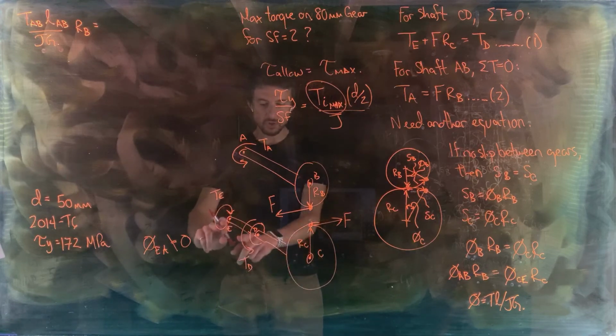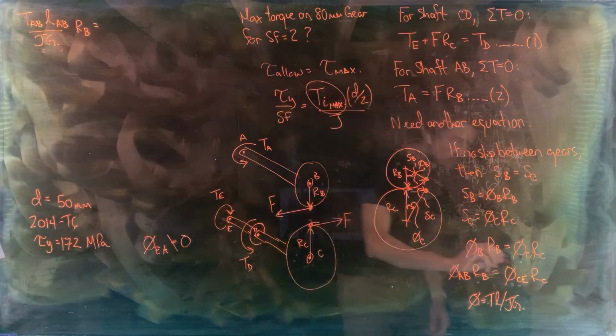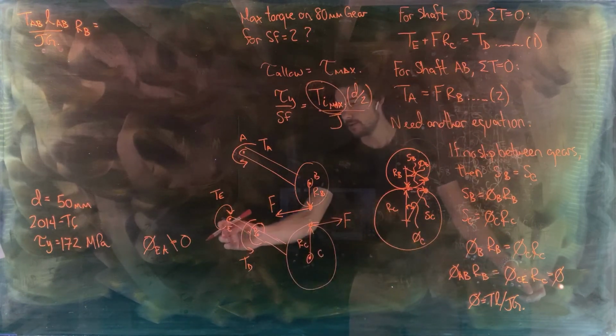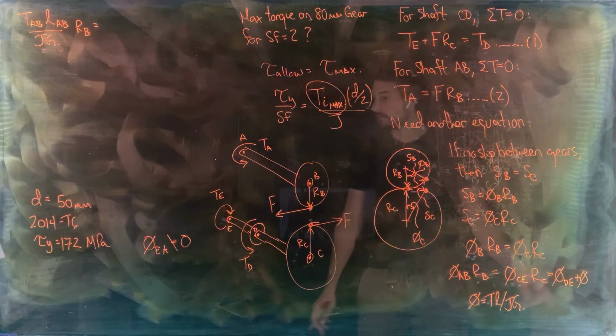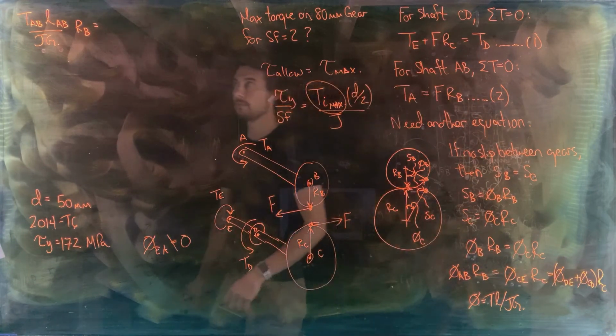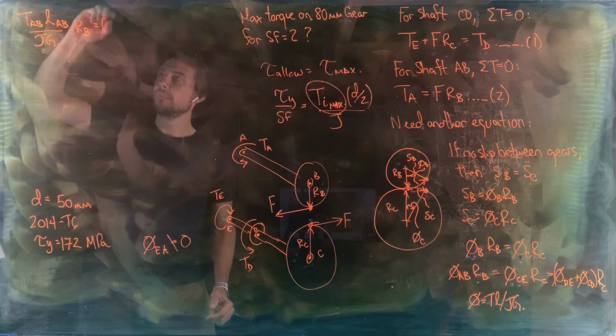So we know that the internal torque in between D and E will be different than the internal torque between D and C. So we need to change this here to the angle of twist from D to E plus the angle of twist from C to D. And then that's all multiplied by RC. There we go. Okay, so I'll put the RC first to get that out of the way.